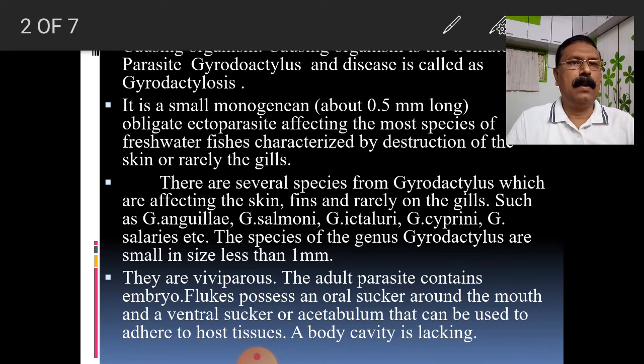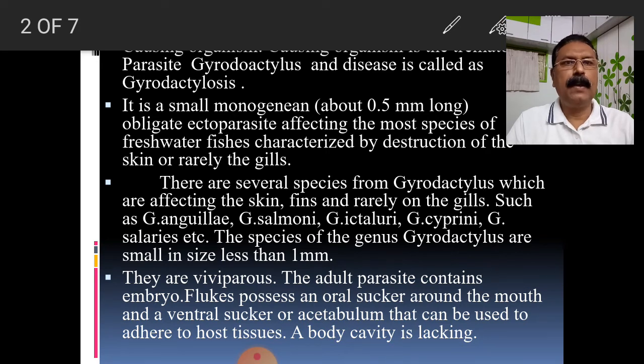Dear friends, as we know, this Gyrodactylus is an ectoparasite which is found on the skin of the fishes, and it damages the tissue of the skin and makes a wound, and that damage may be responsible for further infection.